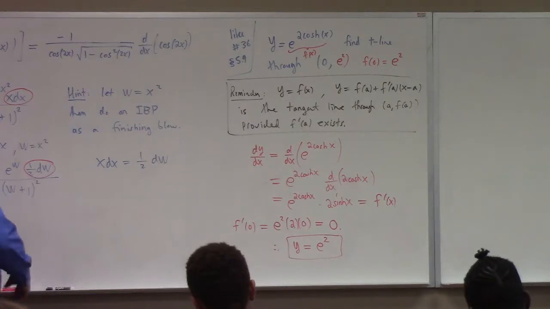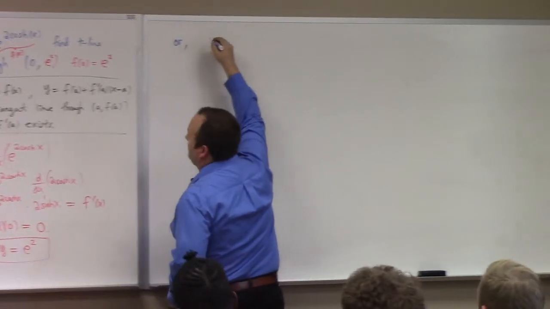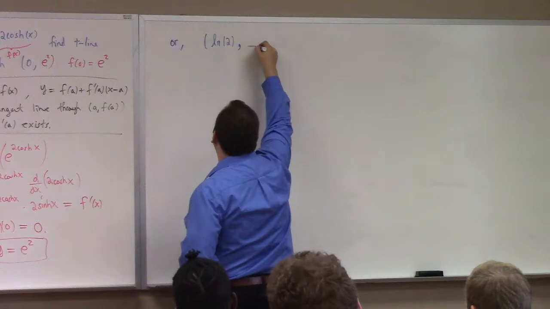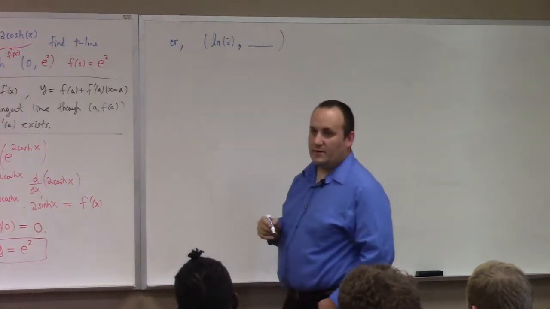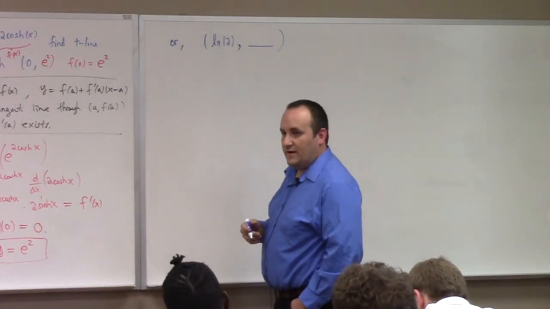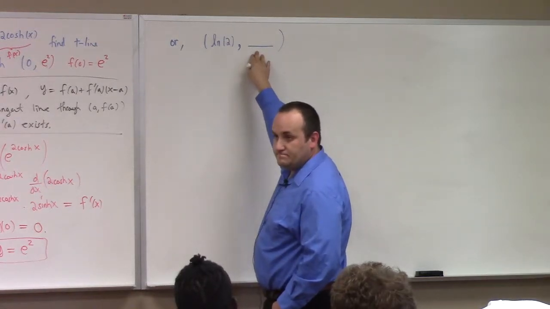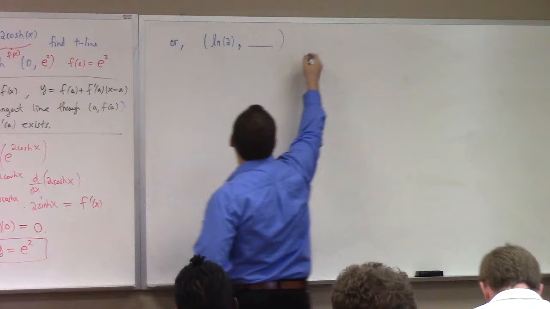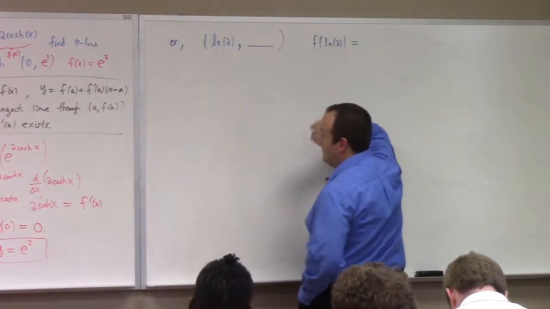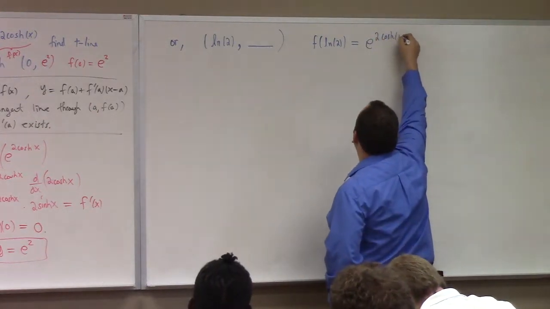Now, my example went a little bit weird. Let me just do another point. How about this? If we go through the point natural log of 2, comma, what would we put up there? If we pick natural log of 2 as the x coordinate on the graph and we want to find the tangent line, what's the y coordinate on my graph? What's f of natural log 2? e to the 2 times the cosh of natural log 2.